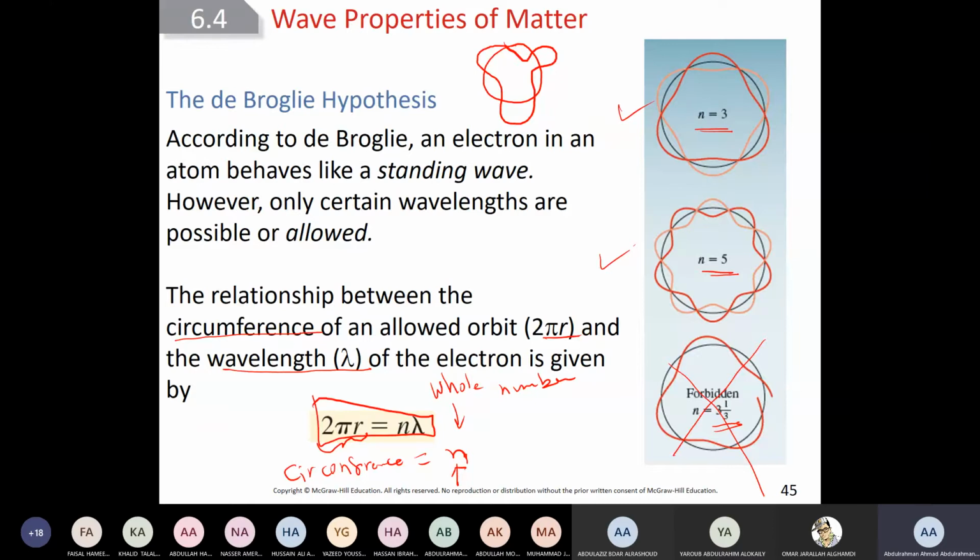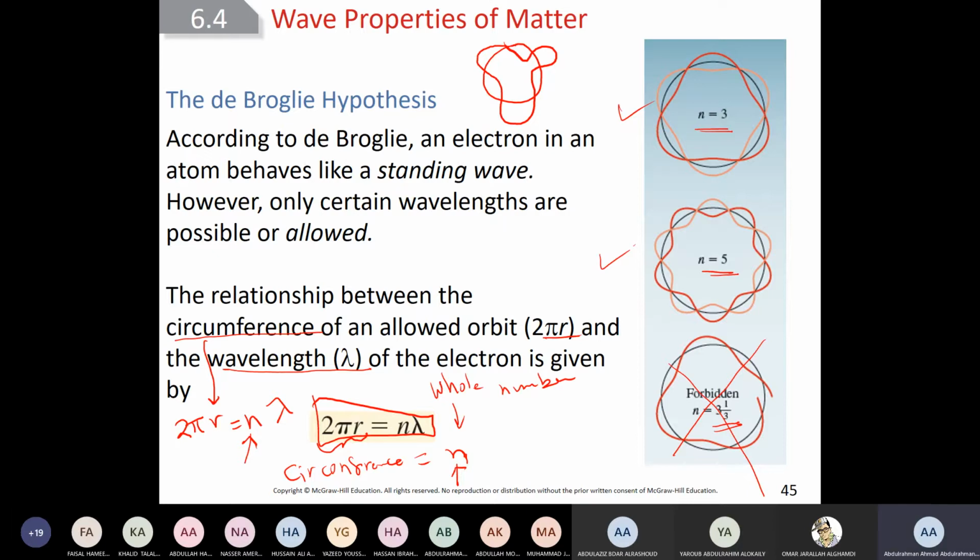The circumference 2πr, the circumference of the circle, must be a number n multiplied by lambda. And n here is the same principal quantum number that we are talking about.